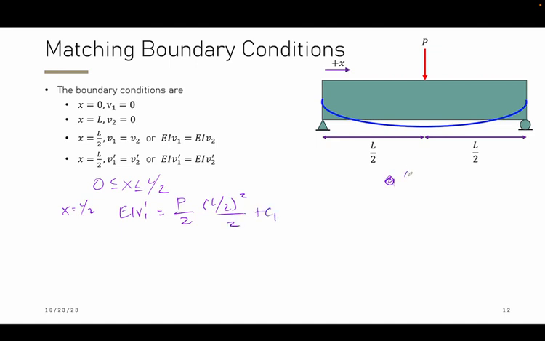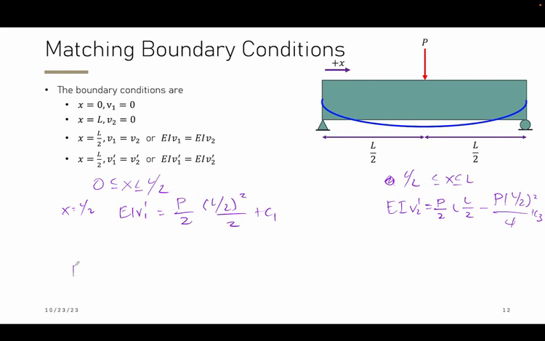And for L over 2 less than or equal to x less than or equal to L, you have EIV2 prime is equal to P over 2 L over 2 minus P, L over 2 squared over 4 plus C3. So we can set these two equal to each other.